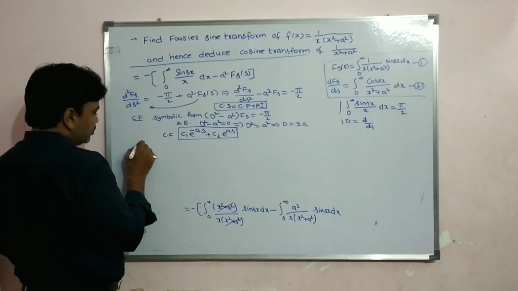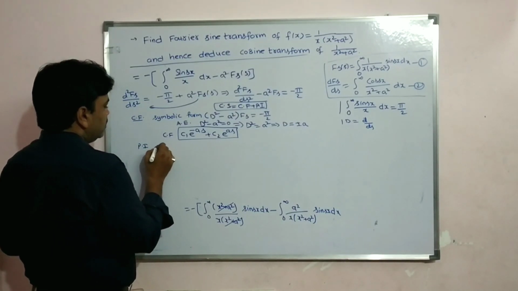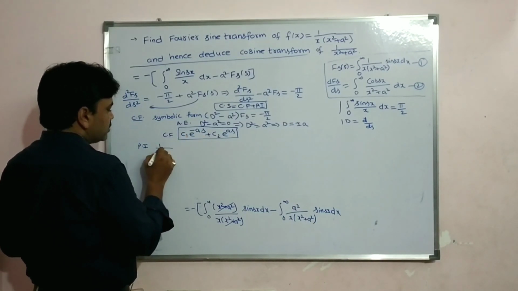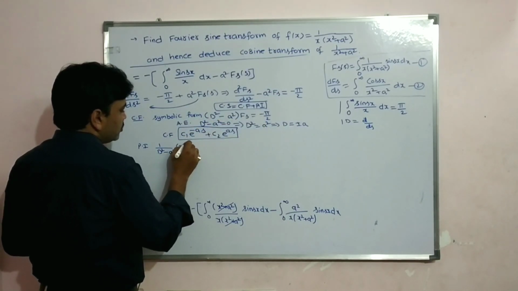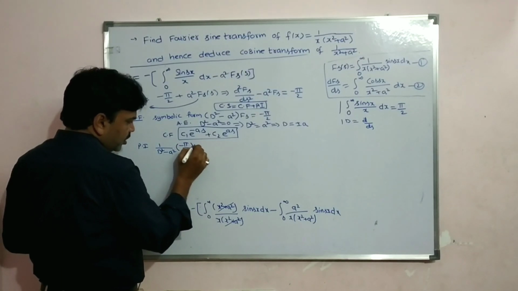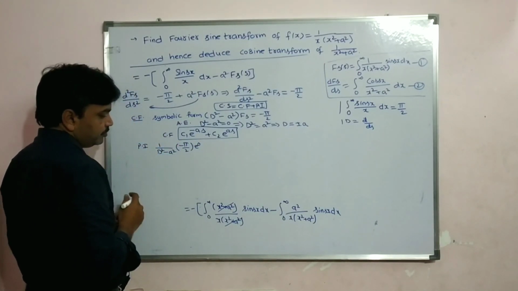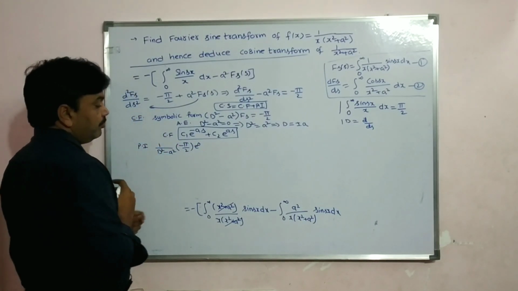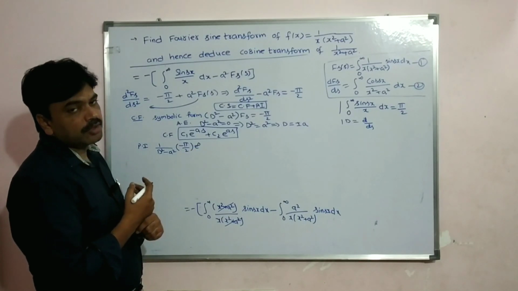Now the particular integral, students. The particular integral is 1 by (D² minus a²) into minus π/2. See, students, minus π/2 into 1, and 1 means e^0.